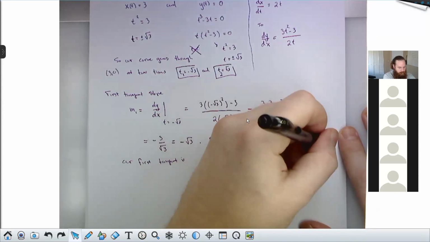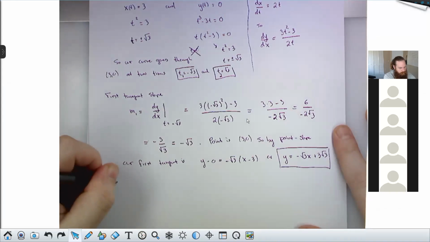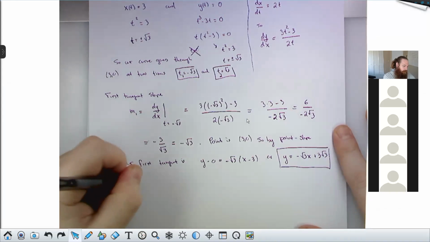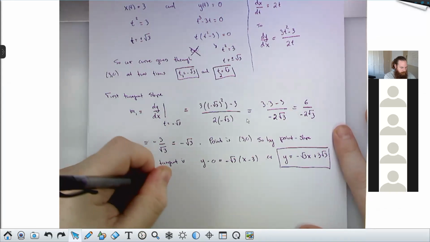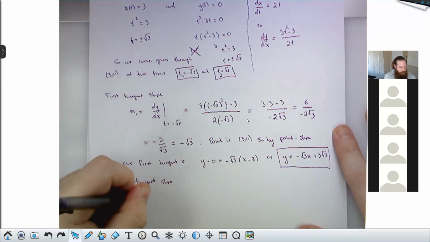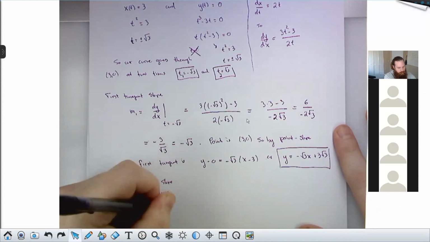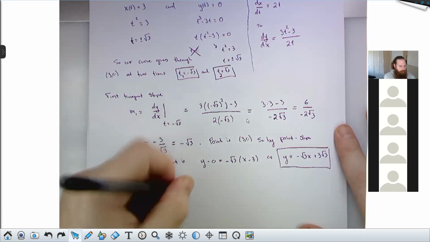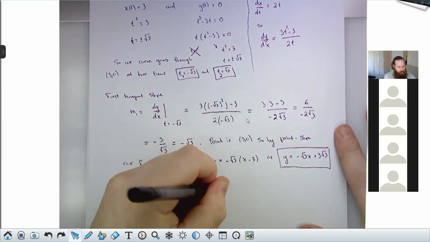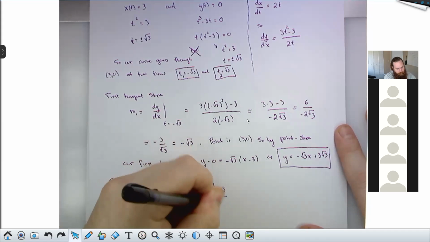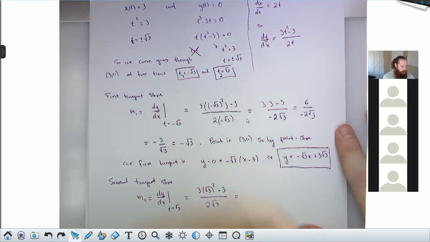So here's our first tangent line. The second tangent slope, I'll say slope, because that's what we're really starting to calculate here, is m2 equals dy dx evaluated at the time t equals positive root 3, which is 3 times root 3 squared minus 3 over 2 times root 3, which the top is still 3 times 3 minus 3 is 6.